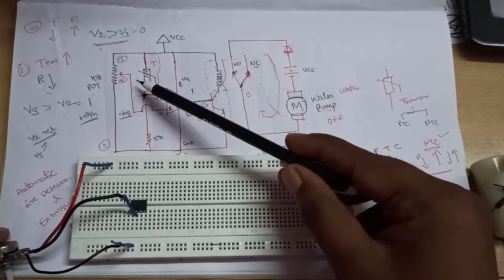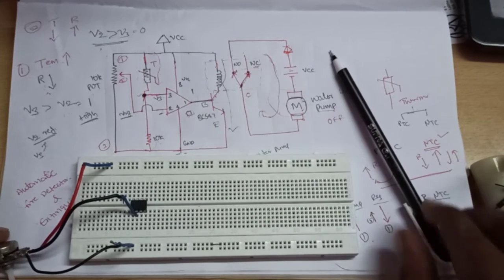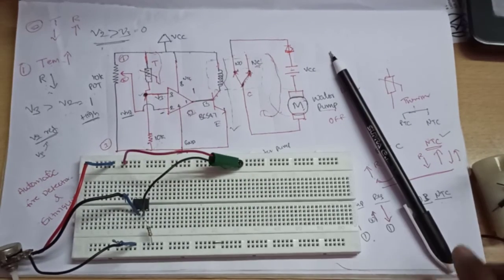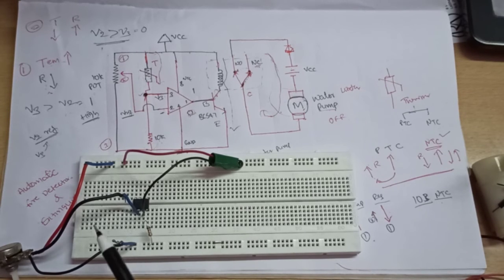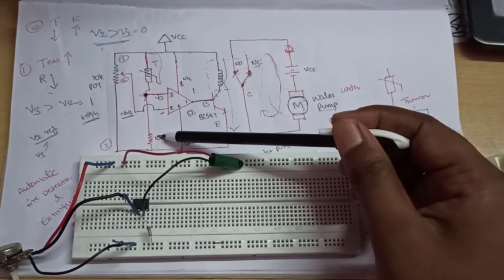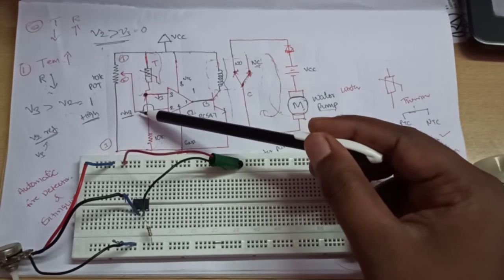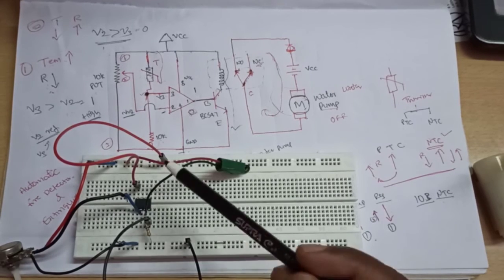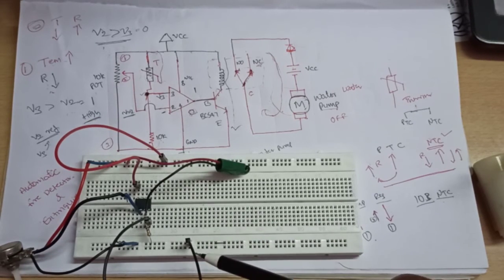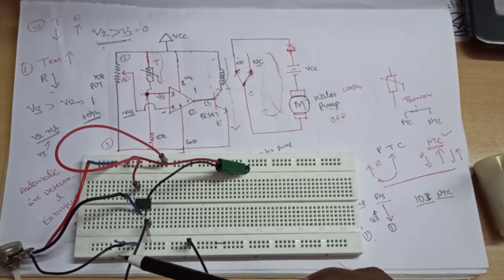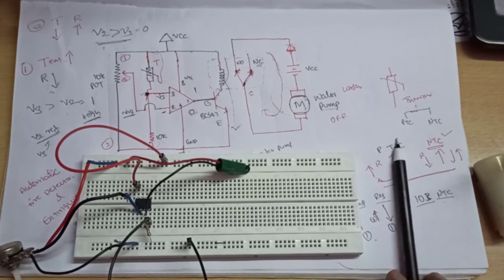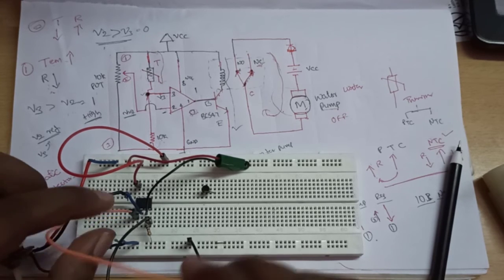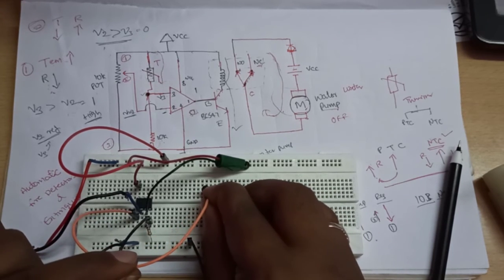This is the potentiometer connection, and next input is the thermistor. These are the input connections: 10 kilo ohm resistor, thermistor and potentiometer. Next, biasing: 8th pin VCC and 4th pin grounded. Next, output connection from pin number 1 to the base of the transistor.